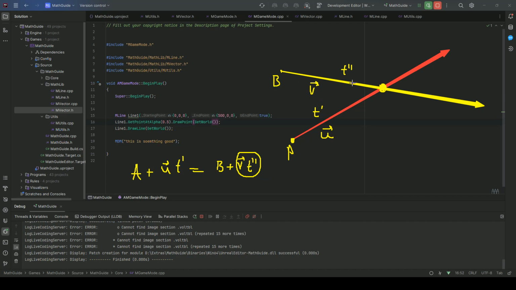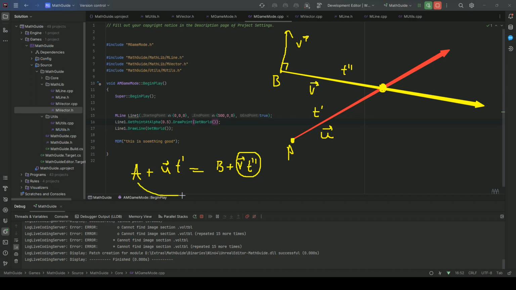If I want to calculate the perp vector of V, it will be the perpendicular vector and we will represent it as V perp. And we know that the dot product of a vector with its perp vector will be 0.